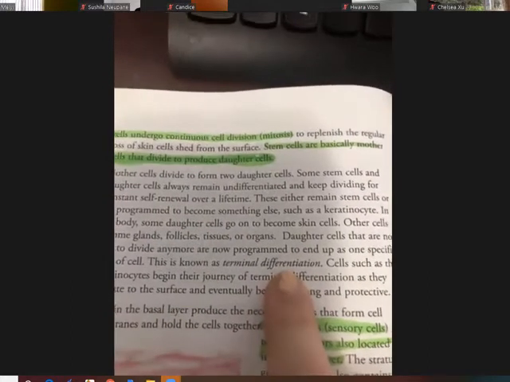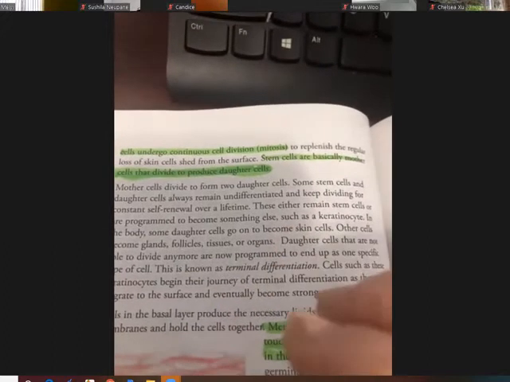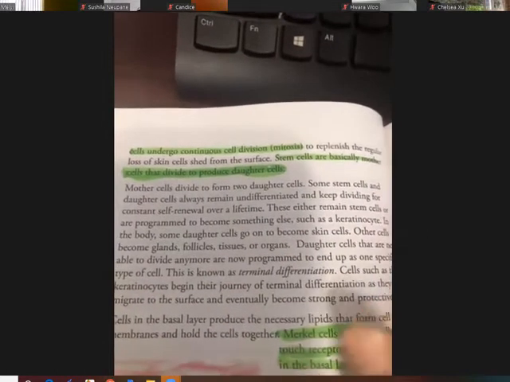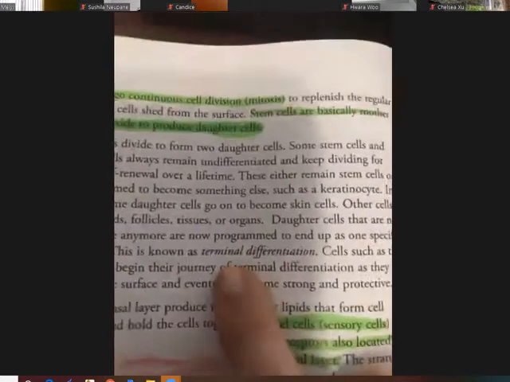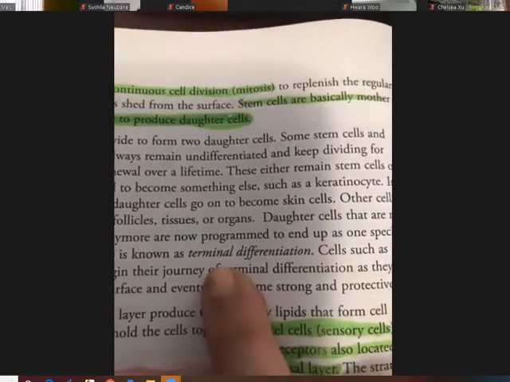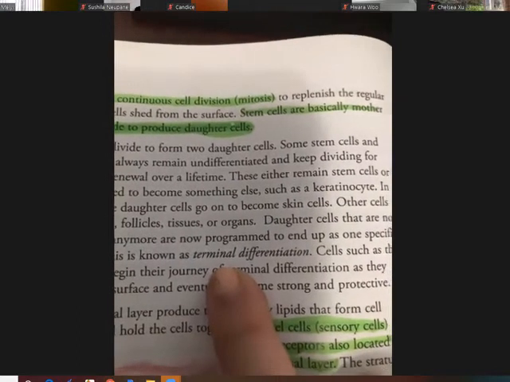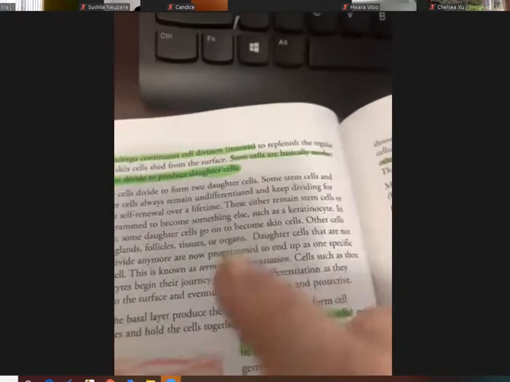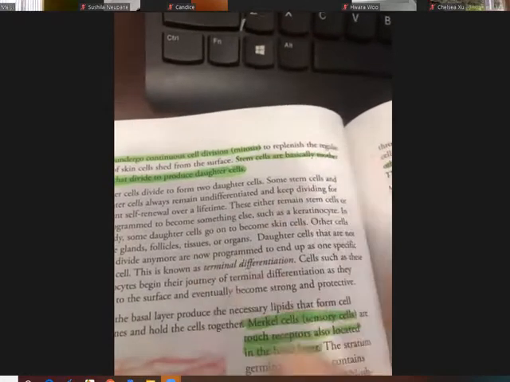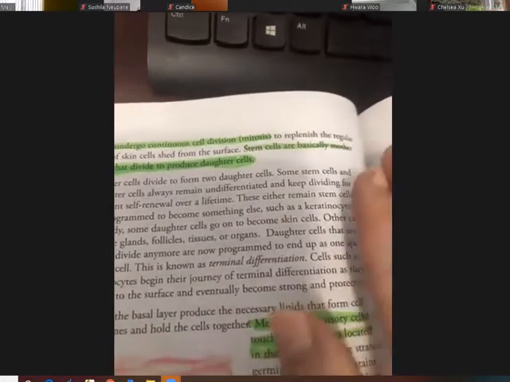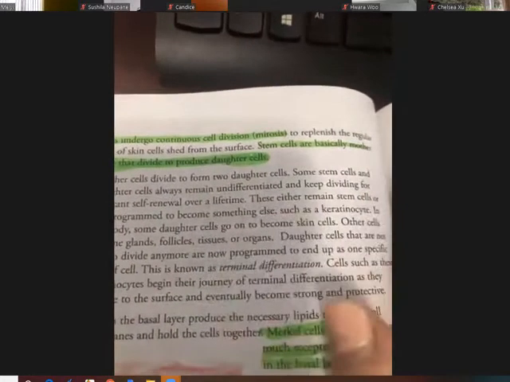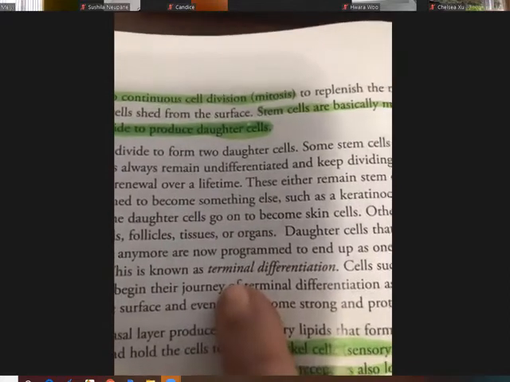What does that mean? The cell will keep renewing until a certain time when they stop renewing. Then that's called terminal, which means they stop. The cell keeps dividing for a while, then terminates and no longer divides, becoming a dead cell.